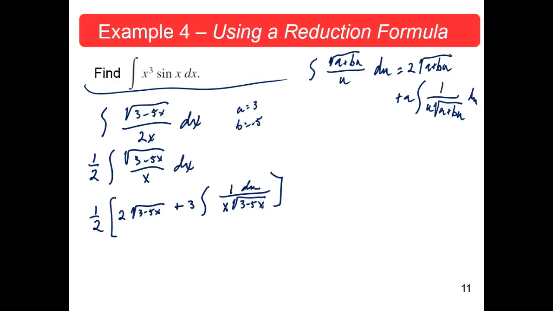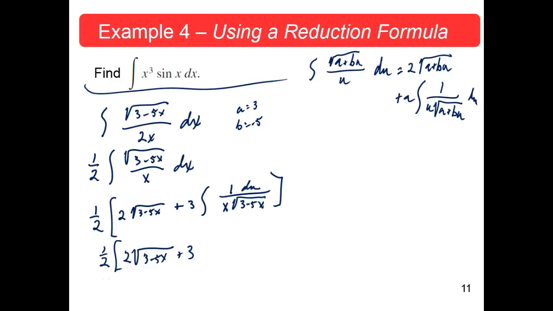Well, your a was positive here, so we'll go with that one. Okay? So 1/2 times the 2 times the square root of 3 minus 5x plus 3.